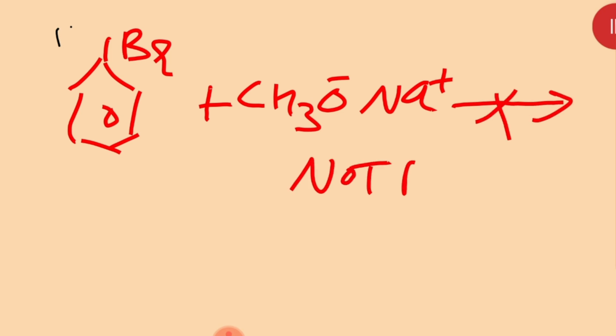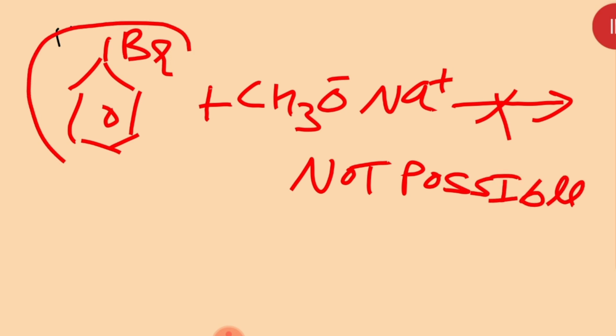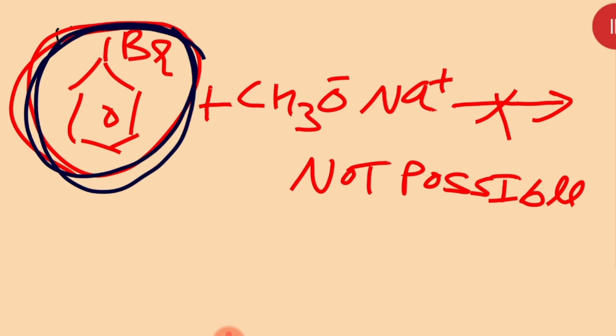Why not possible? Beta ji, because what has been formed here? This is a haloarene, and as we know very well, haloarenes are less reactive towards the nucleophilic substitution reaction as compared to the haloalkane. Once again I am repeating, haloarene is less reactive towards the nucleophilic substitution reaction as compared to the haloalkane.